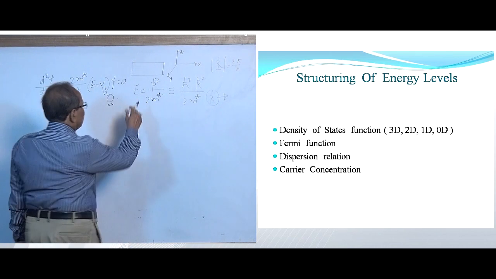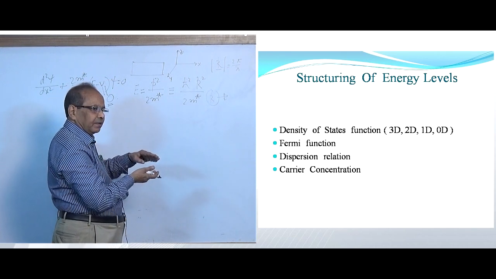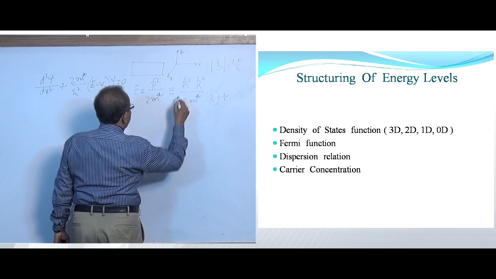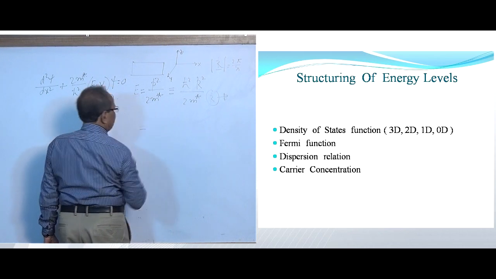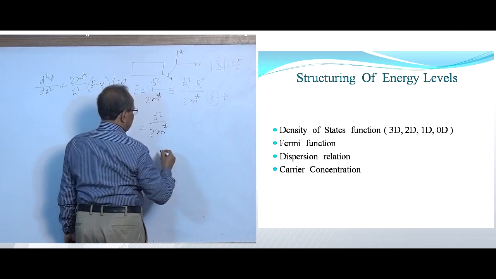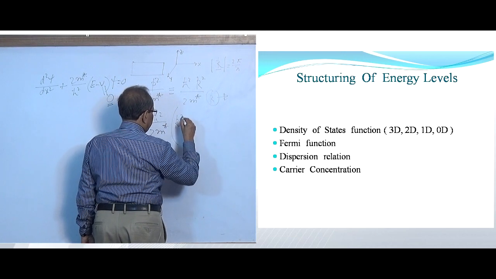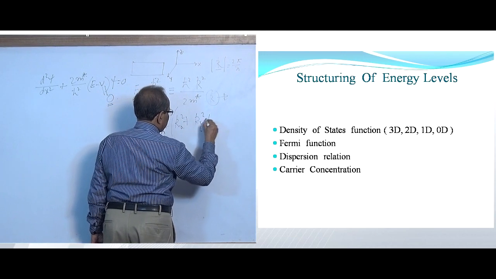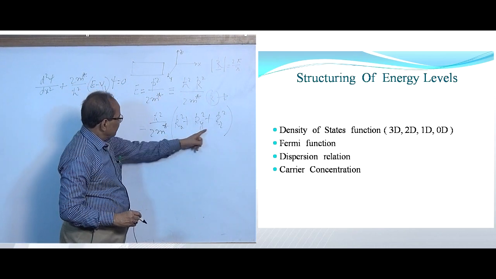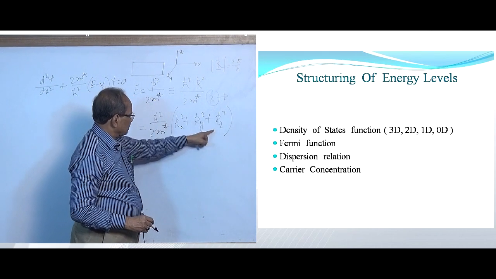The energy E becomes ħ²/2m* times k², and you break it into 3 parts: kx² + ky² + kz². I told you that kx, ky, kz may take any continuous values. It is a continuum set.